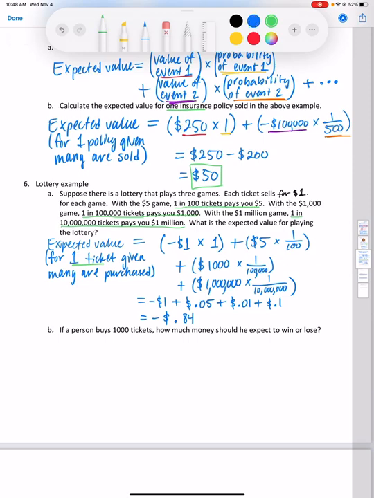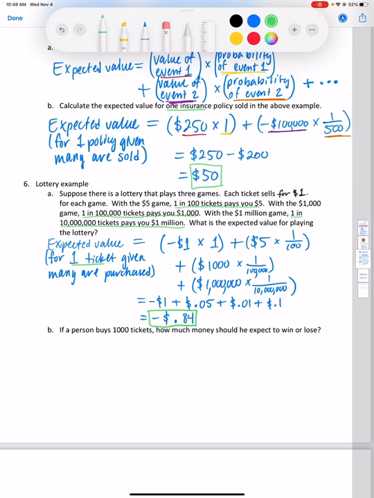So that's our expected value for how much we will get on a ticket. Notice that there's a high chance of losing money. It'll be 84 cents that you'll probably lose.